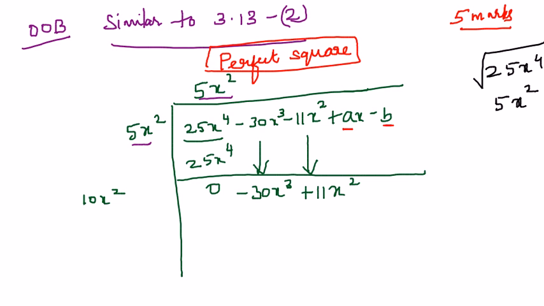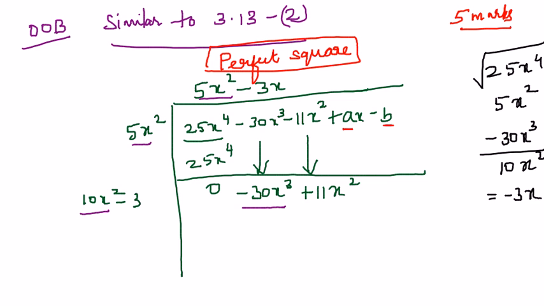Now you divide the first term here by this 10x squared. So minus 30x cube divided by 10x squared gives minus 30 by 10 is minus 3, and x cube by x squared is x. So you get minus 3x, and you add minus 3x here also, right?